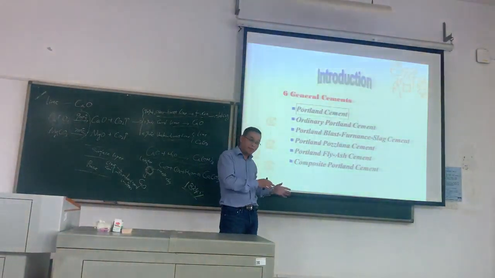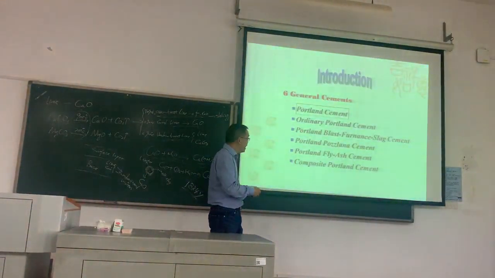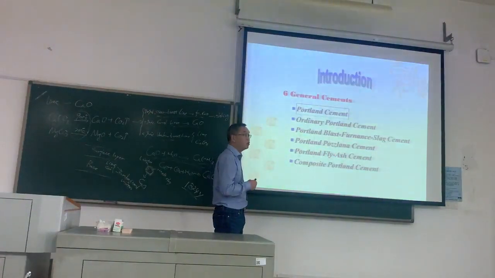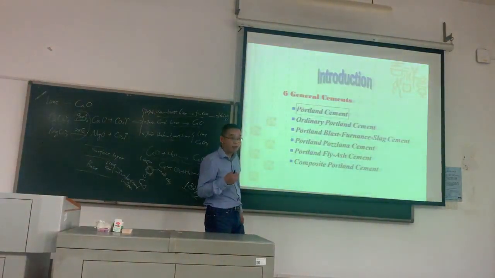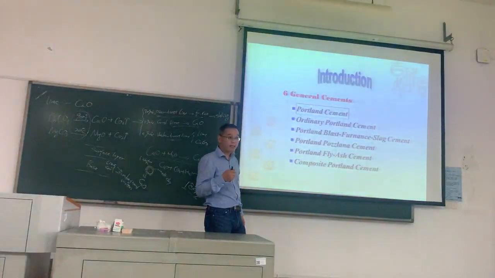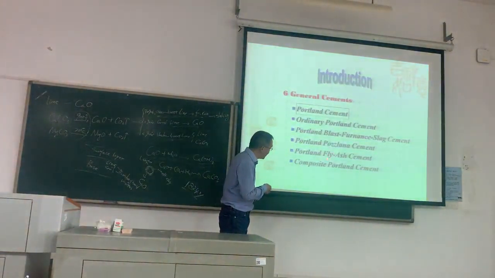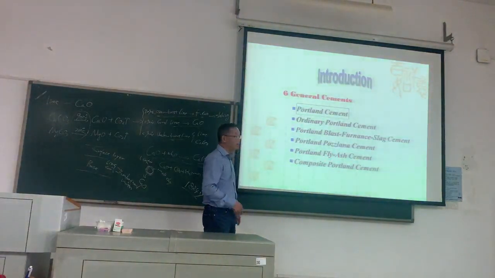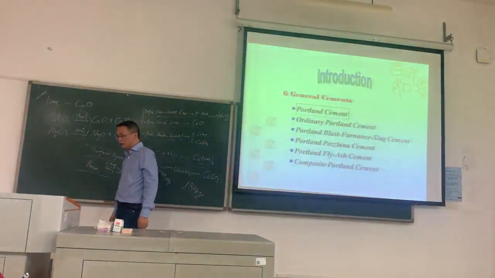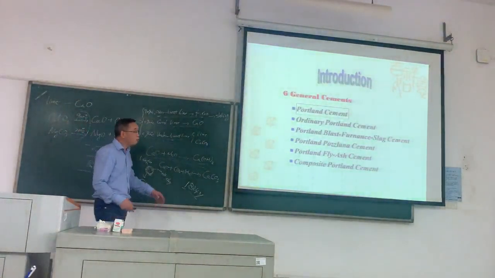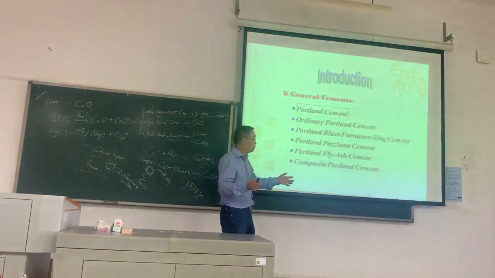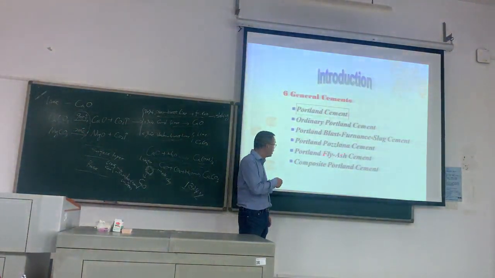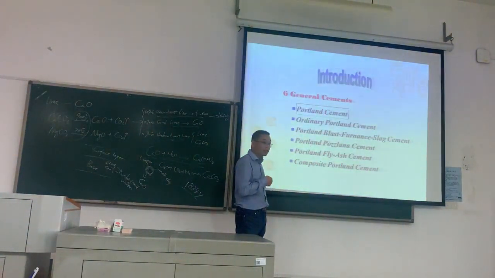And during the production, we can get this kind of byproduct, the fly ash. And this is a very useful byproduct for the cement. And then if we add 2 or more kinds of mixture into the Portland cement, we can get the composite Portland cement.